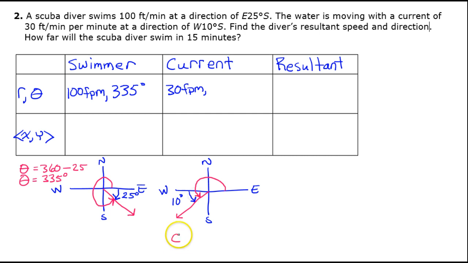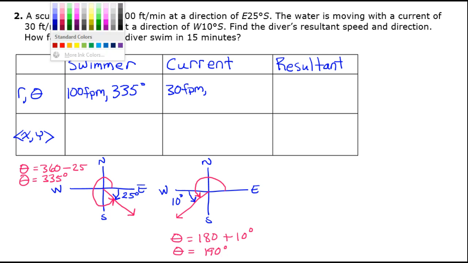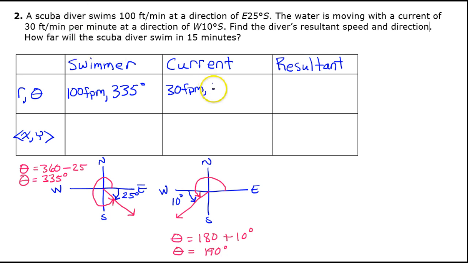All right, so we will call that theta, which in this case we could get by doing 180 plus the extra 10 degrees. So that's going to be 190 degrees, and that's what we record on the chart.